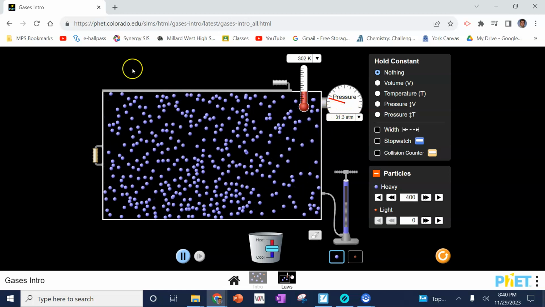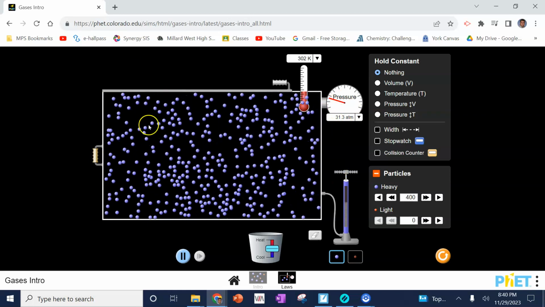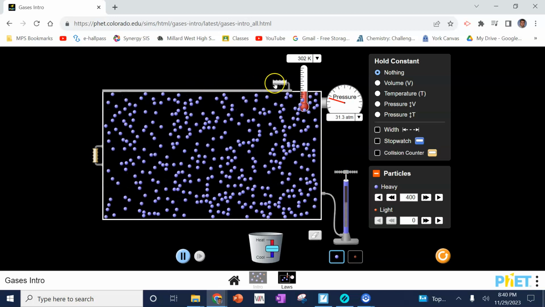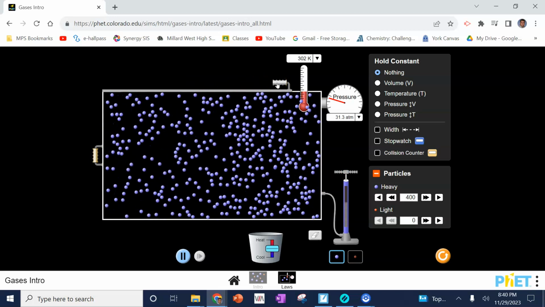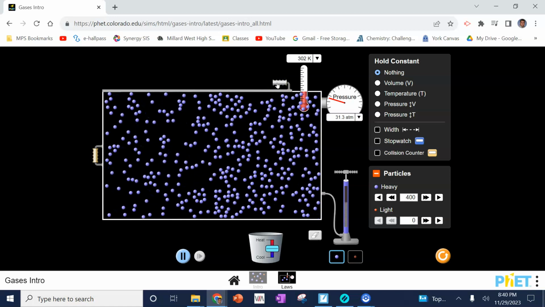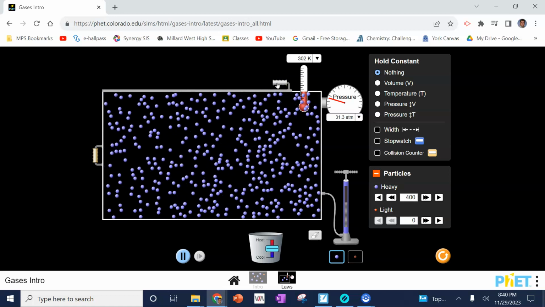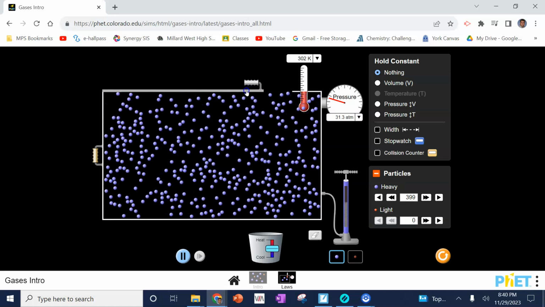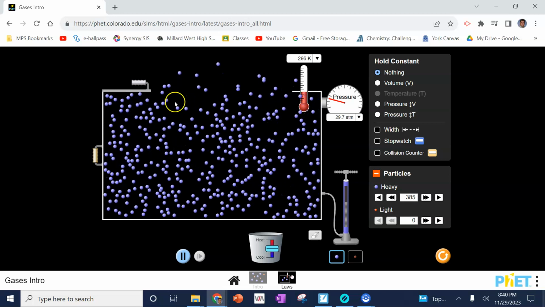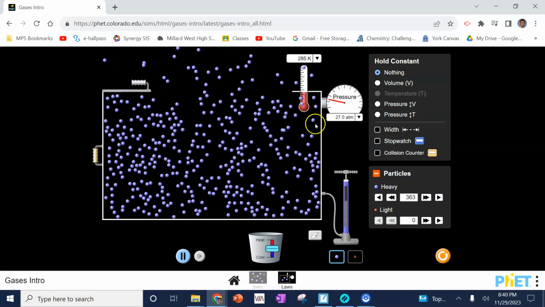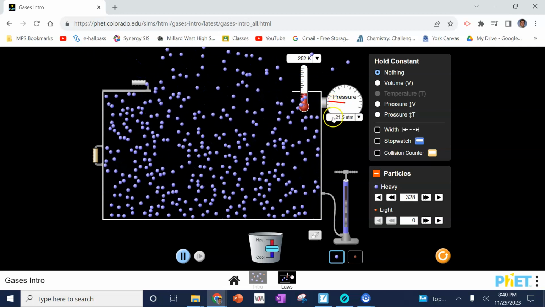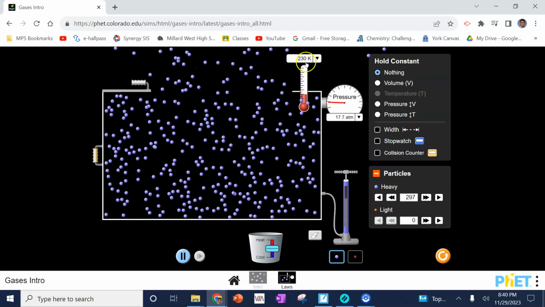They're colliding more frequently. There's more things there. Let's say I let a few of these things escape. If I open this top, what do you think's going to happen? So I open the top, you can see some of these particles escaping. Notice pressure's going down.